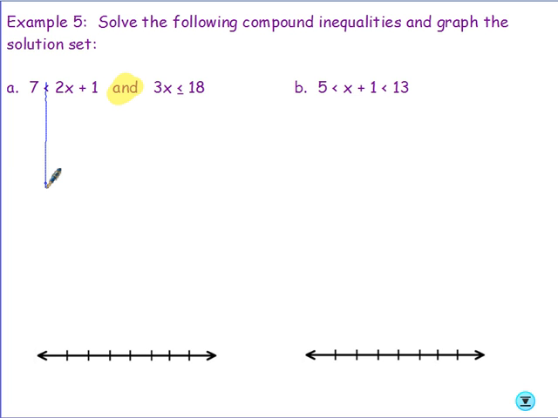Let's look at the first one. I want x by itself. I have to move the 1. The opposite is subtraction. 7 take away 1 is 6. Keep the less than. Keep the 2x. Now I need x by itself. I'm going to divide by 2 on both sides. 6 divided by 2 is 3.